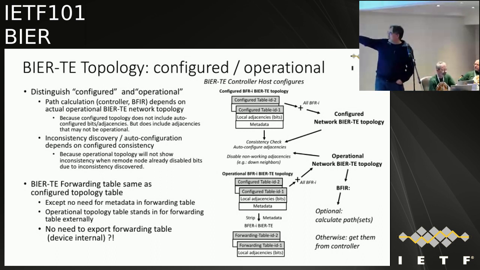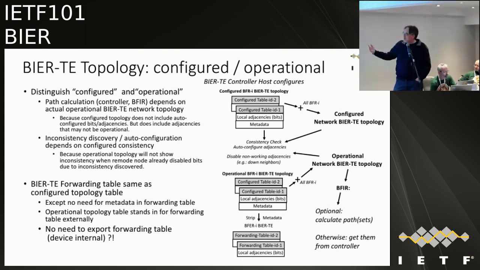So the proposal for the IGP would be that we consider two instances, the configured and the operational one, clearly distinguish them, and have the different operations run on them. Depending on which operations we want to distribute in the network, we would need to distribute both instances. And maybe there is a way to compress it into one, but that would be future work for the IGP encoding.